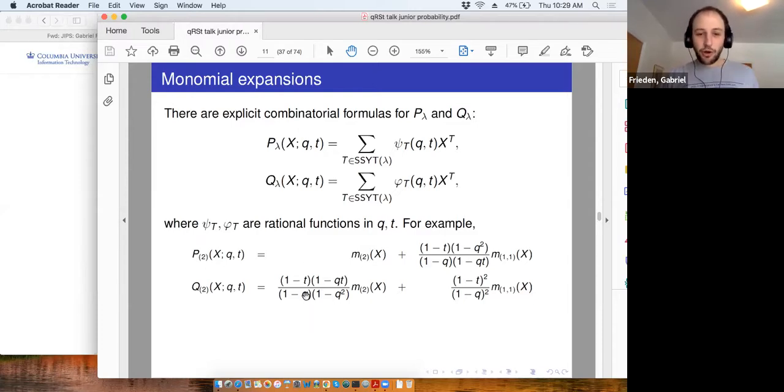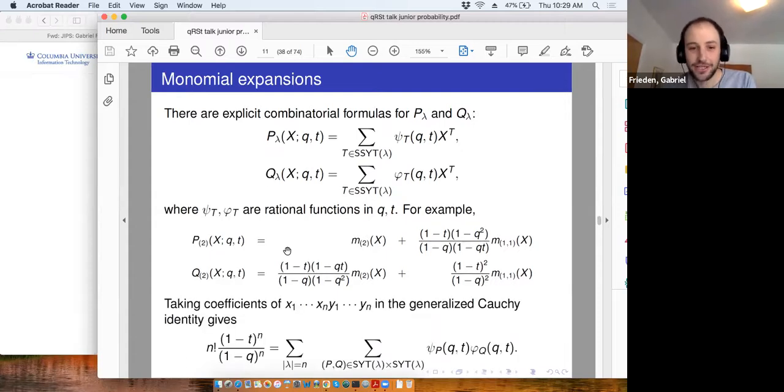In general, they're always going to be products of things that look like 1 minus q to the something, t to the something, and you get products of things like that divided by products of things like that. They always have the property that if you set q and t equal to each other, then all of these factors cancel out and you get back to the Schur functions.